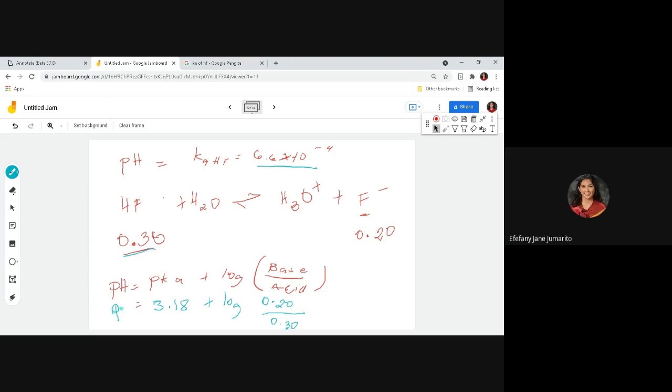What will be the pH? 0.20 divided by 0.30, log of that, so pH is 3.003.